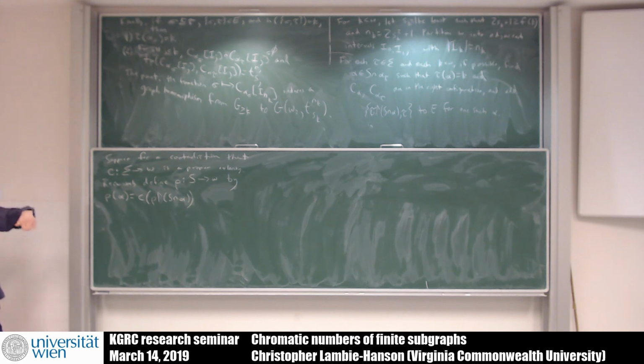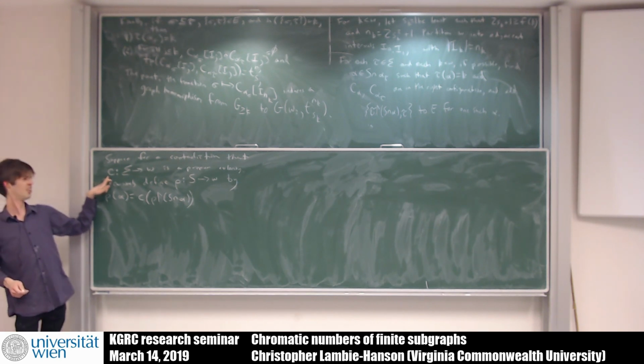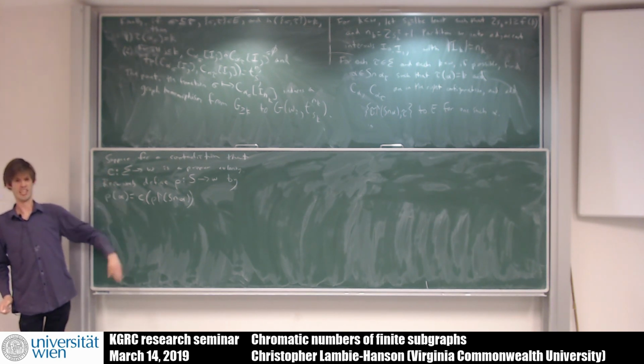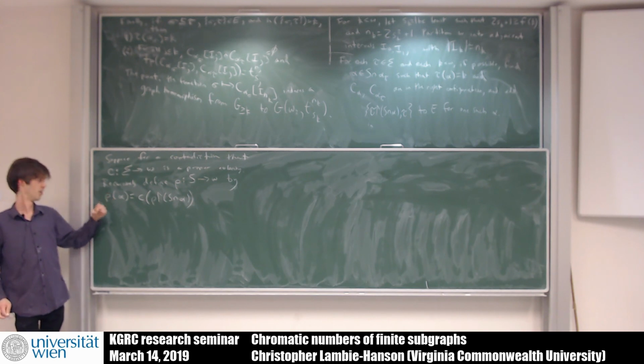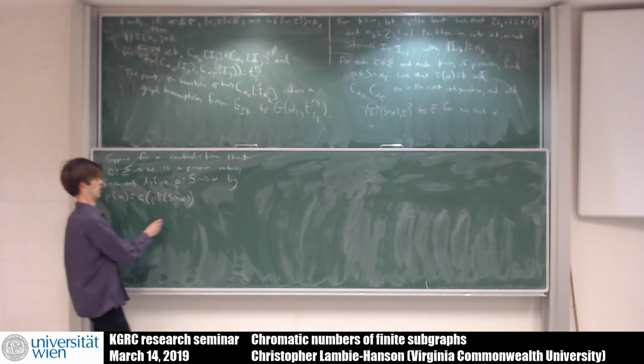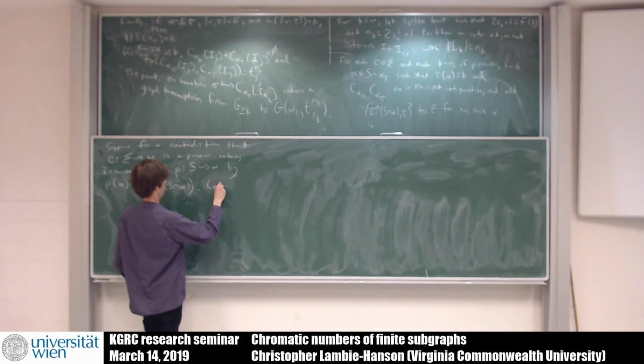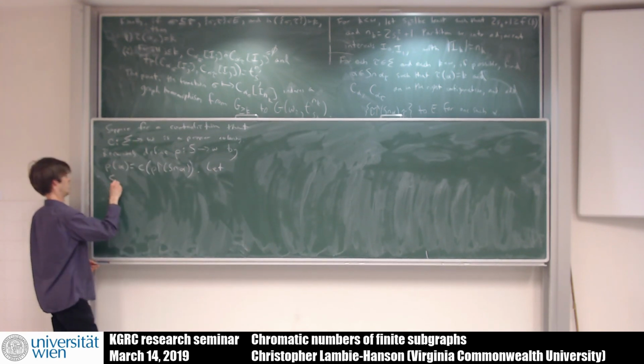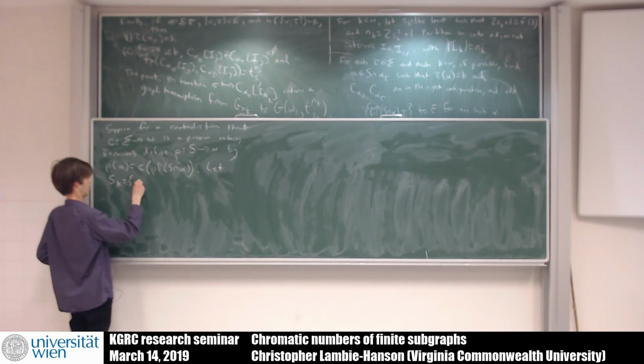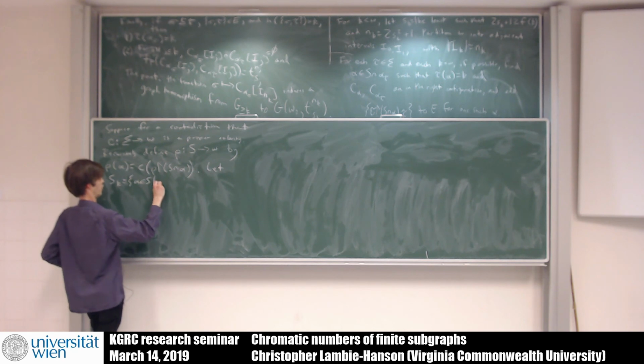So at each stage of my construction of rho, I consult this supposed proper coloring C, and that tells me what to add next. For each k, let S_k be the set of alpha in S such that rho of alpha is k.